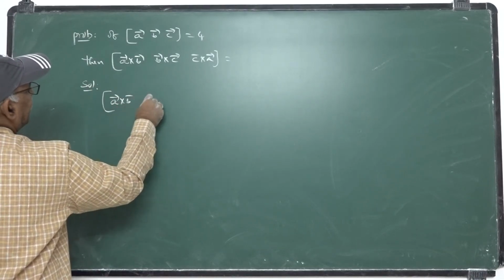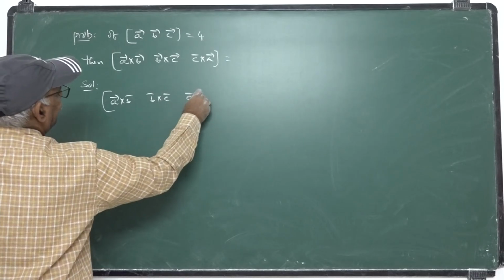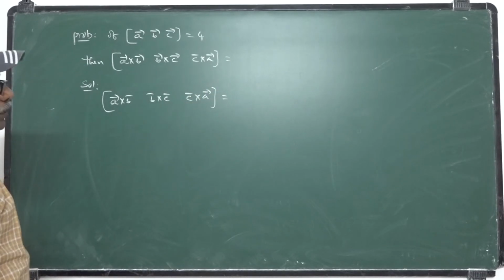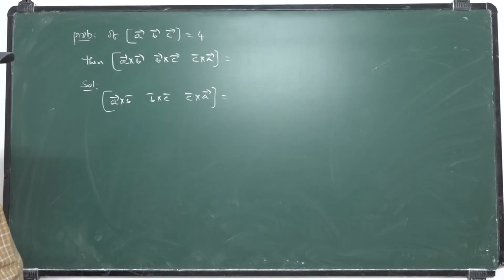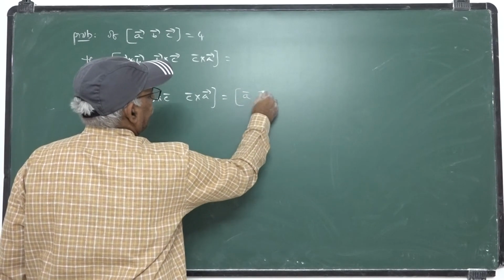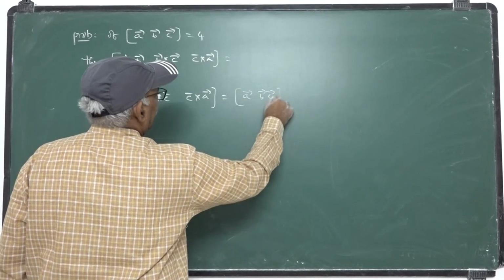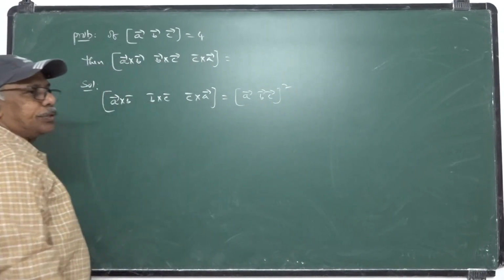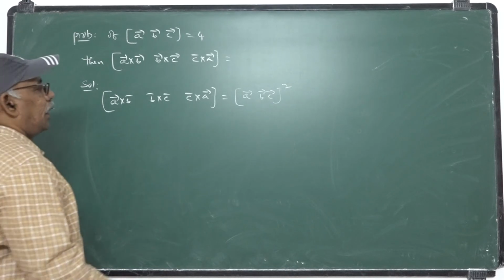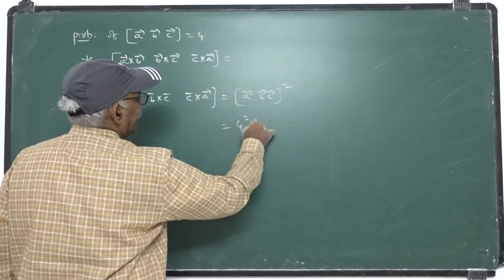Box A bar cross B bar, B bar cross C bar, C bar cross A bar equal to, this is clearly box A bar, B bar, C bar whole square. Already this proof is given to you. Such results are to be memorized once again. A cross B, B cross C, C cross A is always box A bar, B bar, C bar whole square. Hence the required value is 4 square, that is 16.